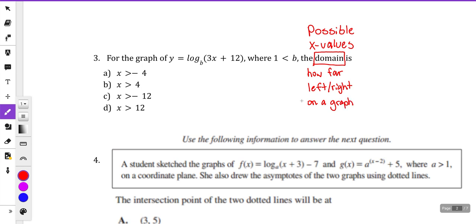That's what domain is. It's possible x values that work for that equation. If you're looking at a picture of it, it's how far to the left does your graph go, how far to the right does your graph go.